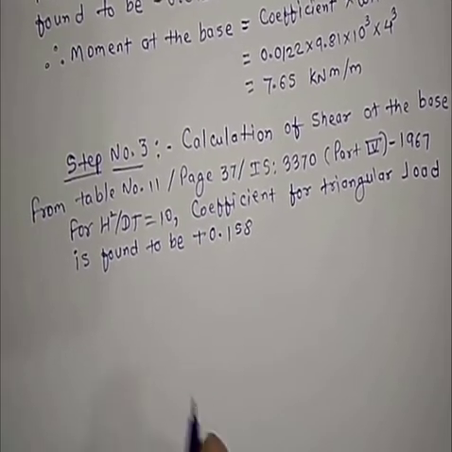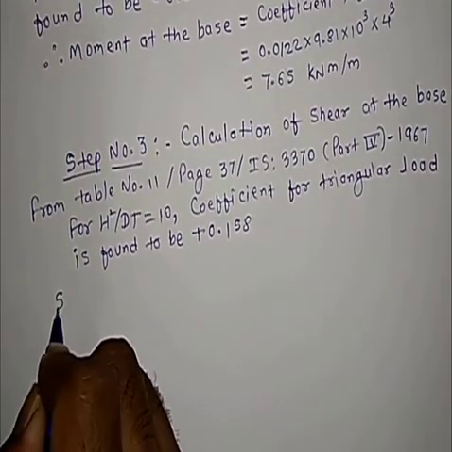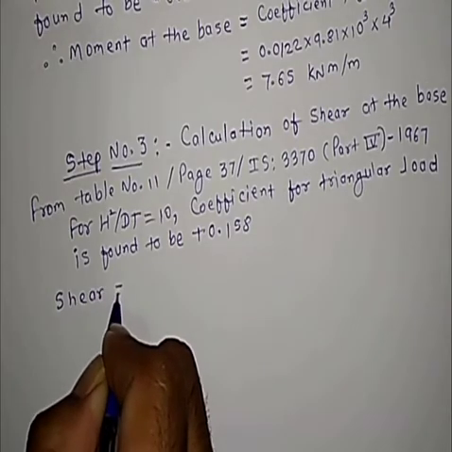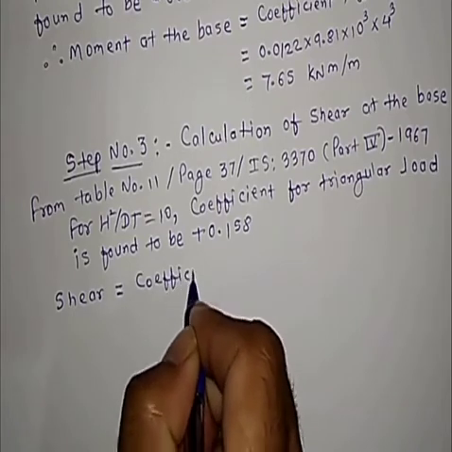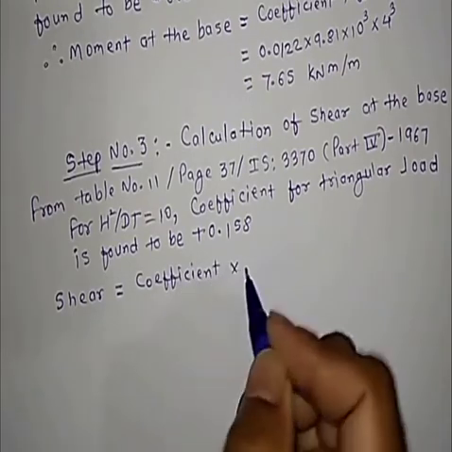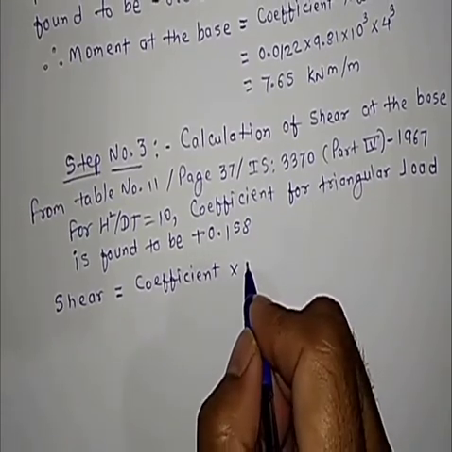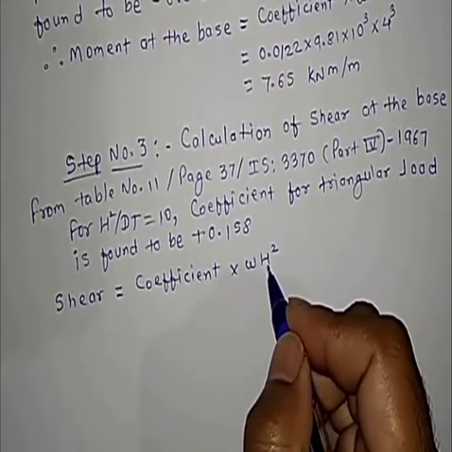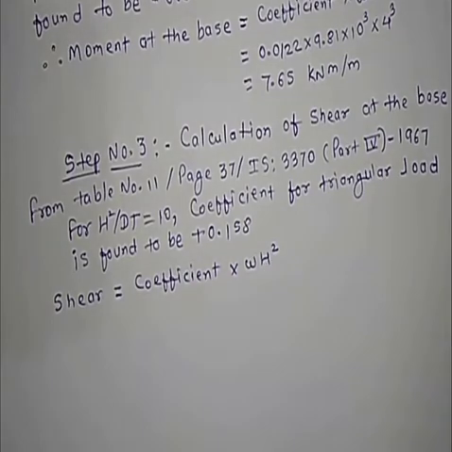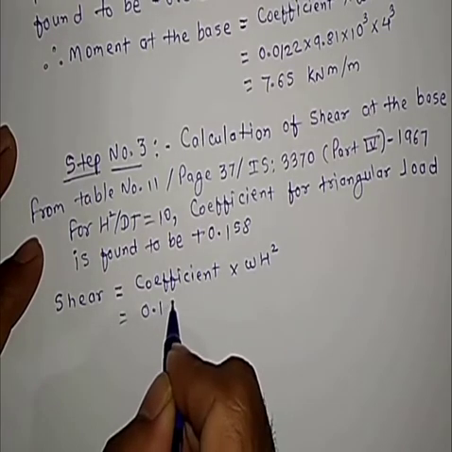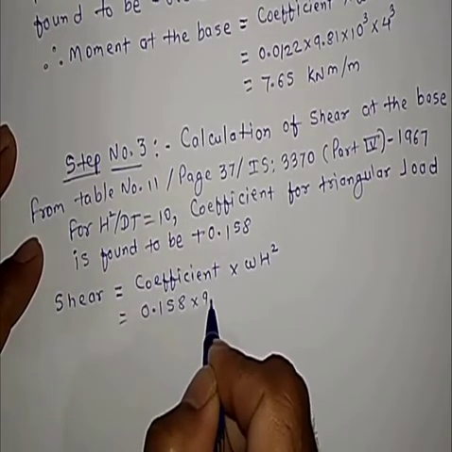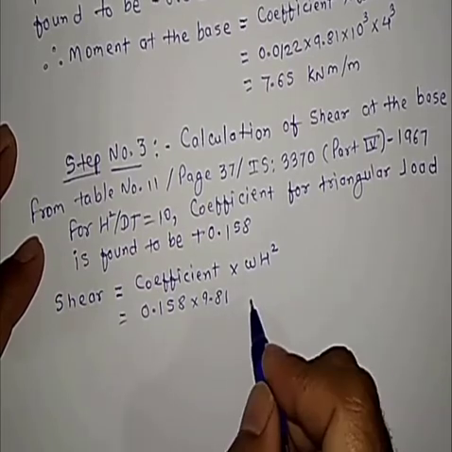So again on the same page you will have the formula for calculation of shear, and that is equal to coefficient multiplied by W into h square. So coefficient is 0.158, multiplied by 9.81.